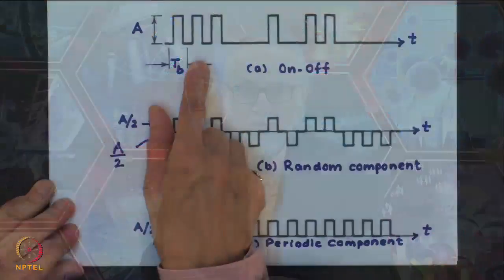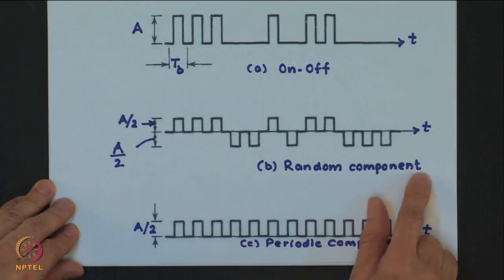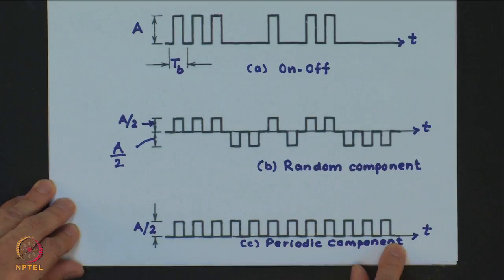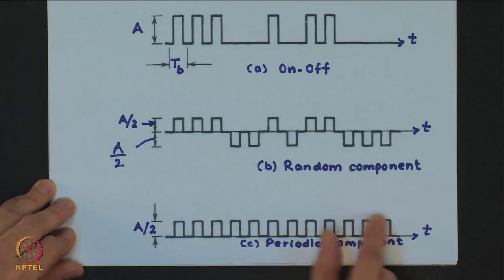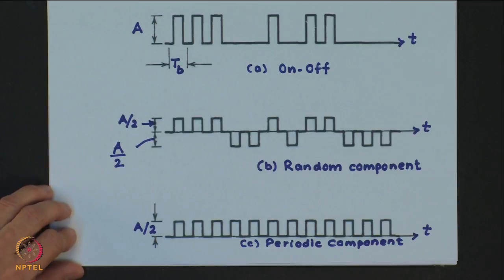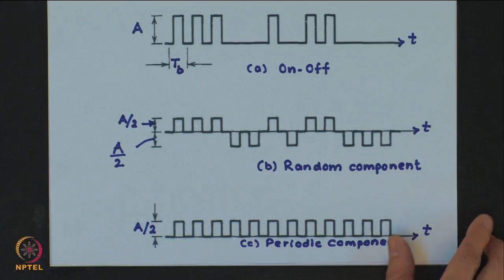Still, an on-off signal can be modeled as composed of two components, a random component and a periodic component. So, this shows that there is a periodic component available in the on-off signal, but there is no guarantee of it, because if you have a string of zeros or ones, then this will not be valid. Okay.